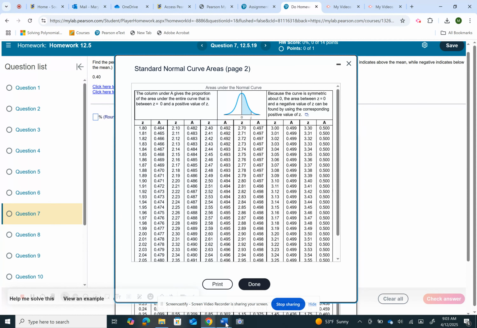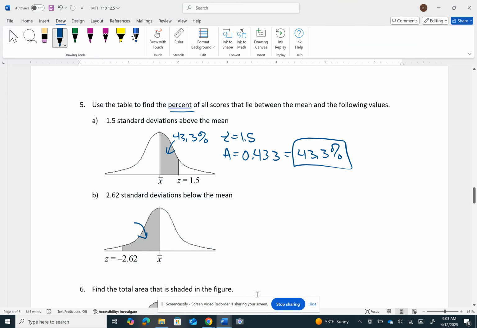So that 0.496 would represent, if it was a positive 2.62, that there would be the A. So when Z was 2.62, the A was 0.496, which means that at 2.62, this shaded region would be where you would find 49.6% of the data values.